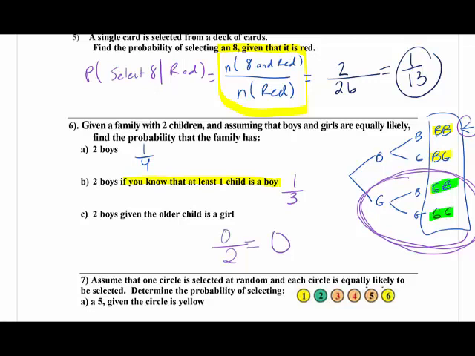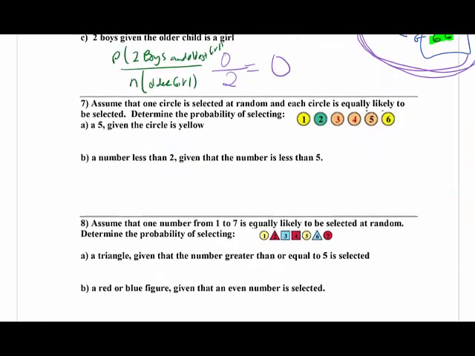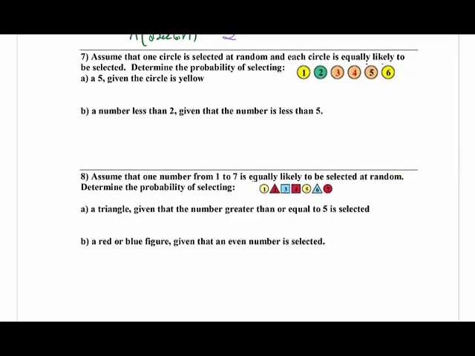Should be 0. So my answer there should be 0 probability. Start with the denominator first. This is saying, again, cardinality, older is a girl. We've restricted it down to that. This is a probability that I have 2 boys and oldest is a girl. Pause and again read and try to answer the questions.